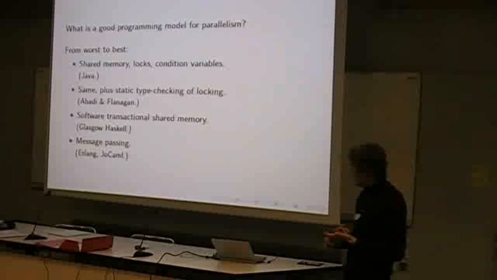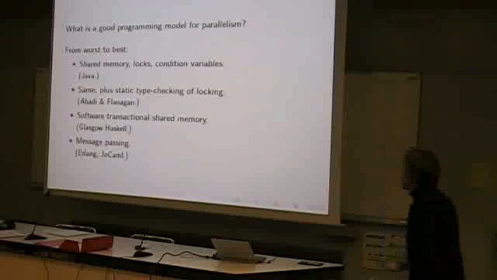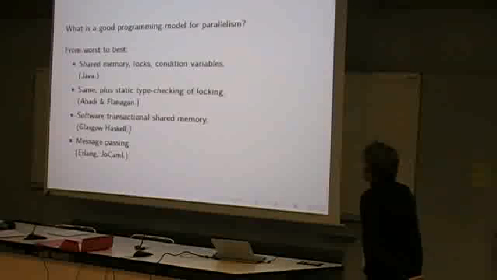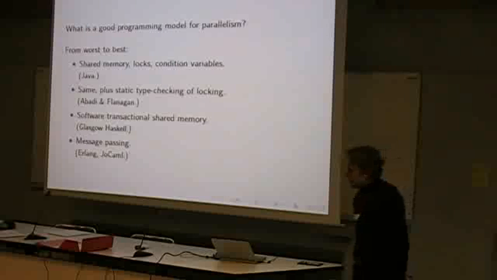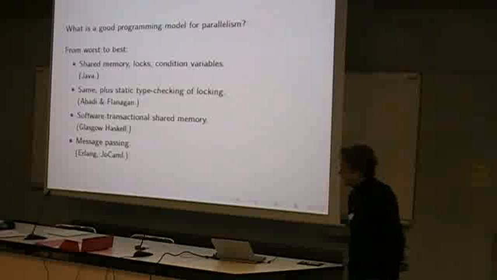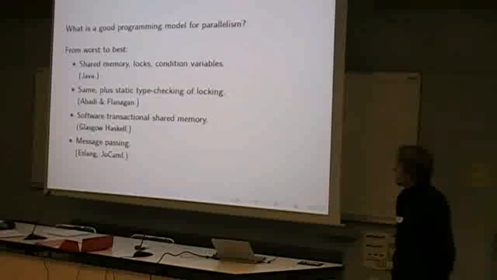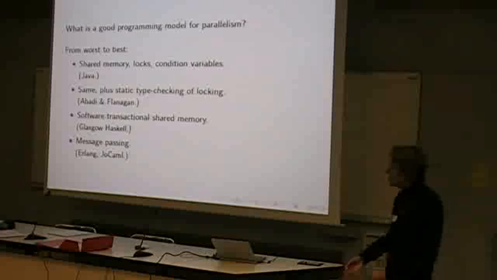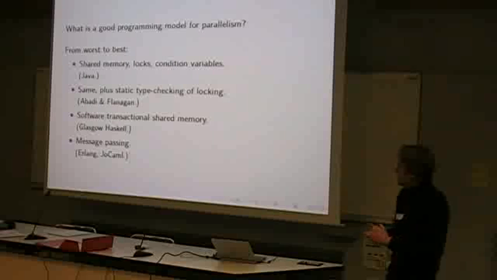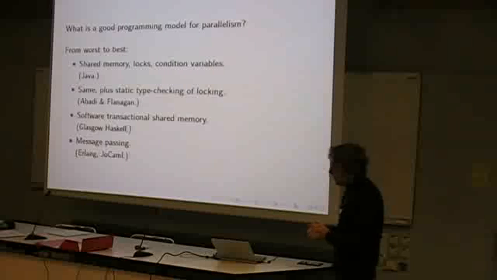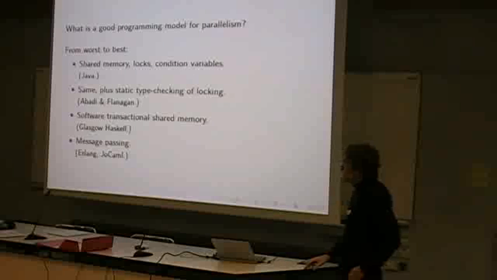If you think you do, you haven't practiced enough. That can be improved a little bit, for instance, by using static type checking to make sure that whenever you access some data, you've locked the associated lock. I don't know of any language that implements this, but there has been some theoretical work like Abadi and Flanagan.